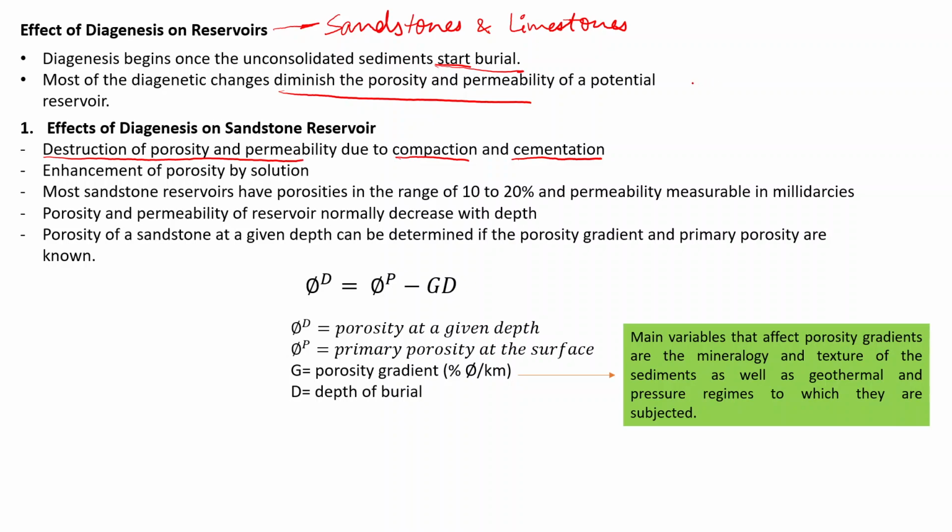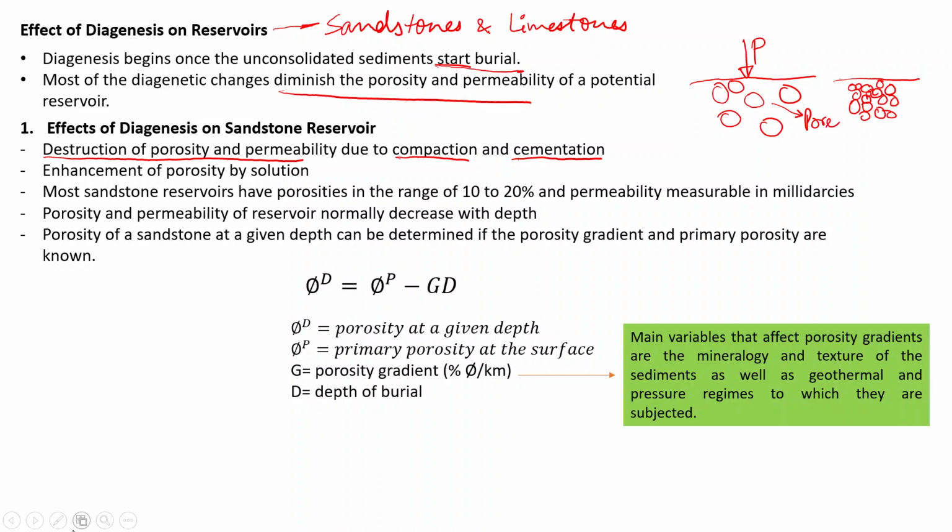Say for example, these are the sediments which have been deposited, and as the overburden pressure increases, these sediments become compact due to the overlying load. Okay, and this compaction may reduce these pore spaces.